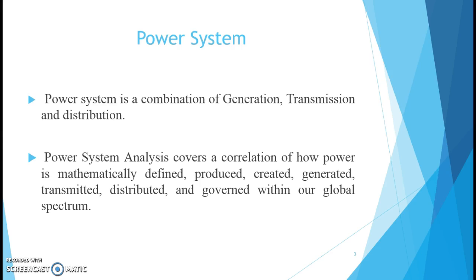During the analysis, we model the system, create some disturbance in that system, analyze various parameters, and finally conclude whether the system is stable or unstable for that particular type of disturbance. That is termed power system analysis.